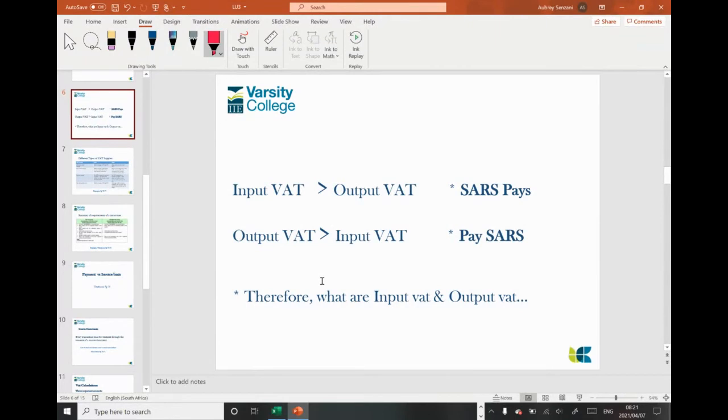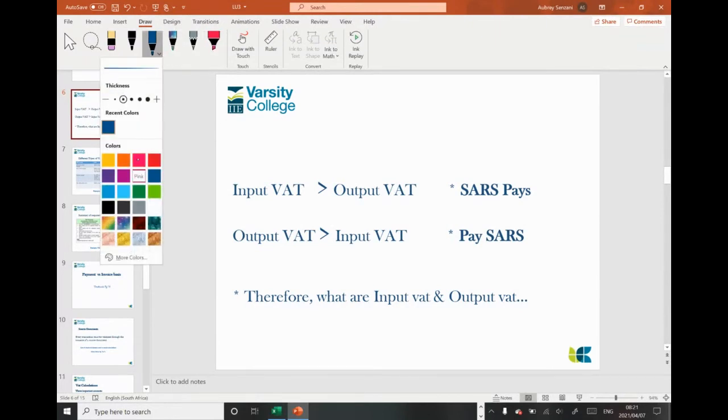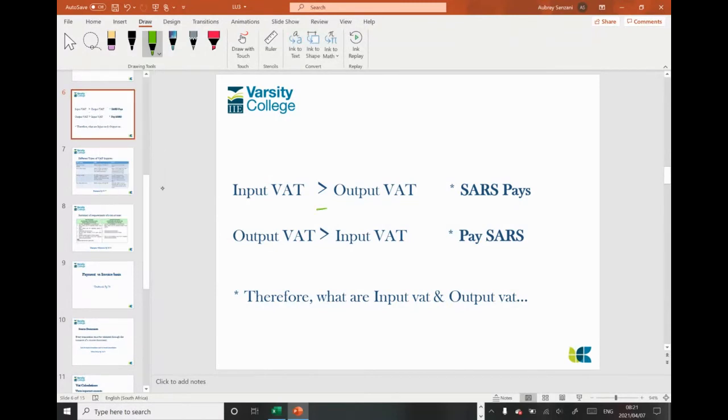Now, the next thing we want to ask ourselves is, all right, fine, we get that, but then what do these formulas or expressions mean?